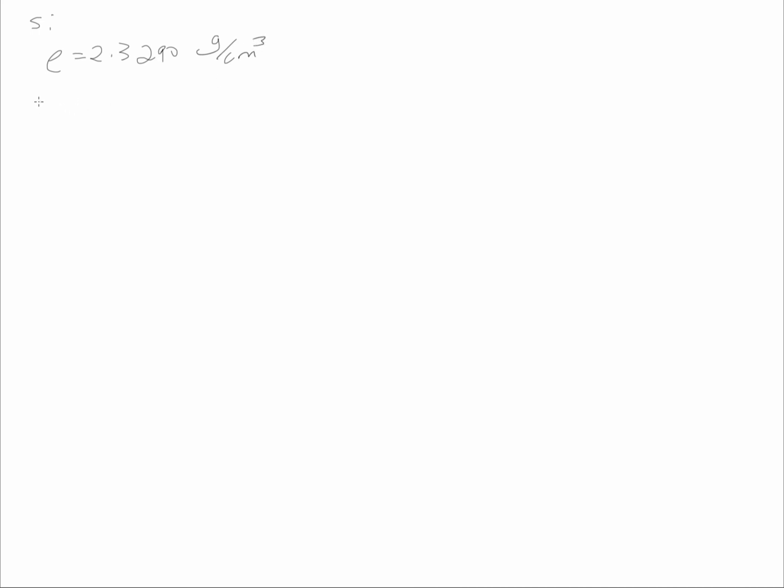And also you can find that the atomic weight is equal to 28.085 grams per mole. And then from general chemistry, 1 mole is equal to 6.022 times 10 to the 23 items. We'll call it items. And items can be atoms, electrons, photons, whatever. It doesn't matter. That's what 1 mole is. It's 6.02 times 10 to the 23 things.